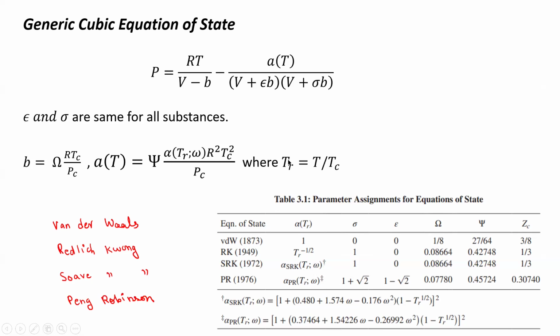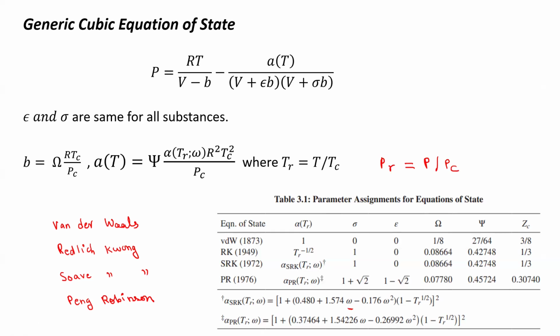This reduced temperature is T by Tc. And we also generally have Pr, which is P by Pc. So here your alpha is defined in every case, along with sigma, epsilon, omega and psi. And this alpha is an empirical equation in terms of the acentric factor, small omega.